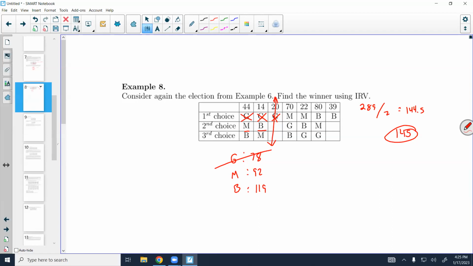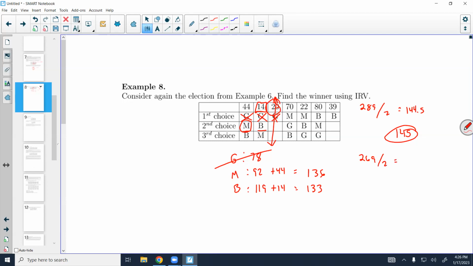So essentially, we're adding 44 to M and we're adding 14 to B. And I get 136 and 133. However, my new vote tally is 269, as I drop these 20.